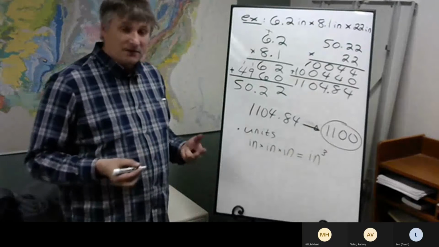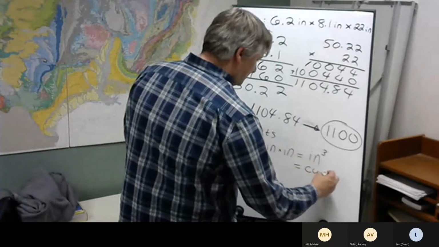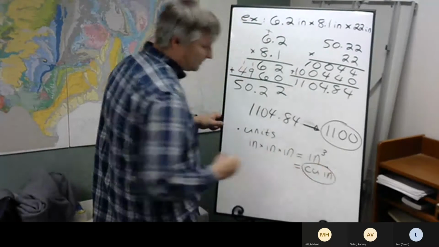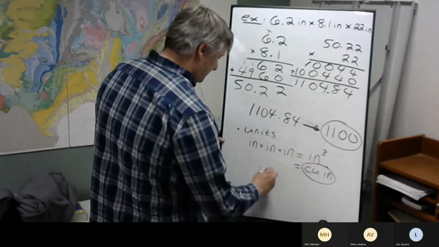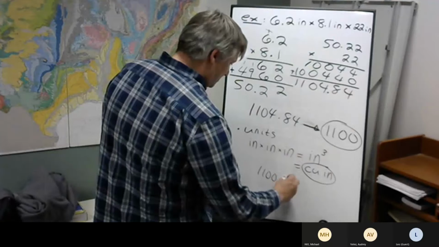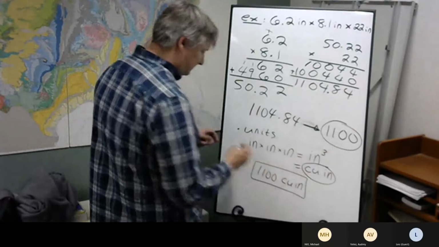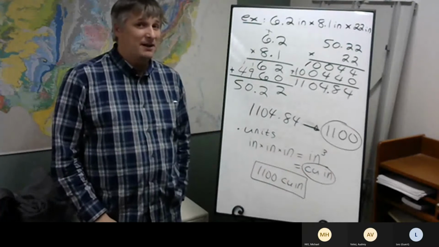Now, there's another abbreviation for this. You'll see this sometimes. Here it is, cubic inches. So putting this together, our answer will be 1100 cubic inches. So any questions about that?